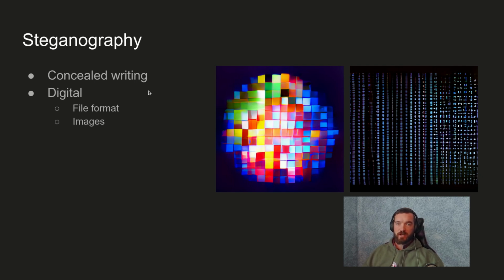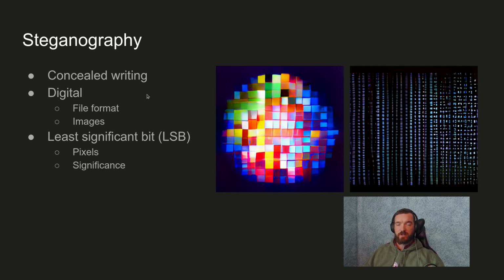Images. There's lots of ways to do steganography with images, but we focused on the least significant bit. So images are made up of pixels, and these pixels have different parts to them, red, green, and blue most of the time. And the significance of the digit of each pixel is how much the color changes when you change that bit of the quantity.